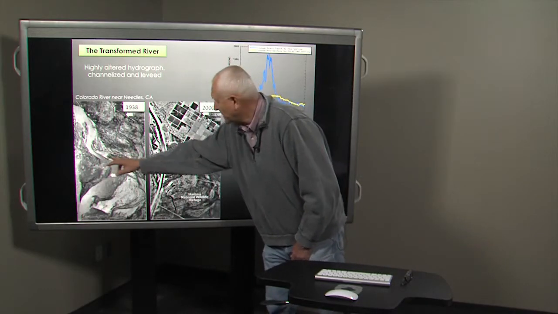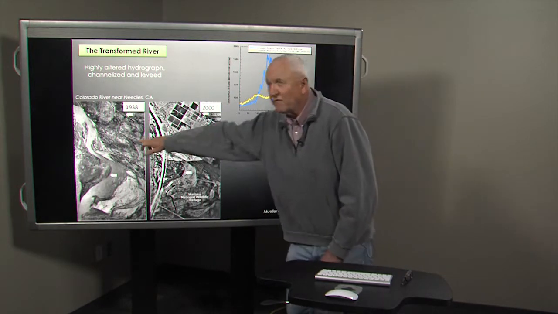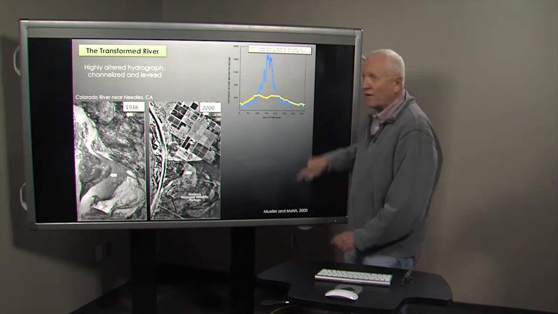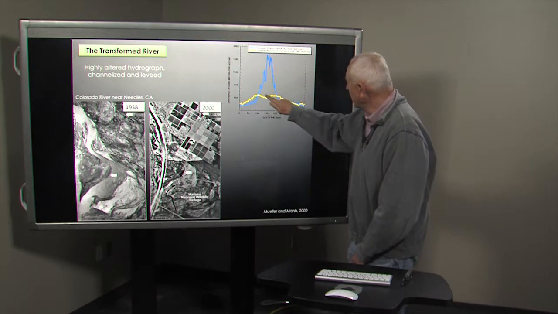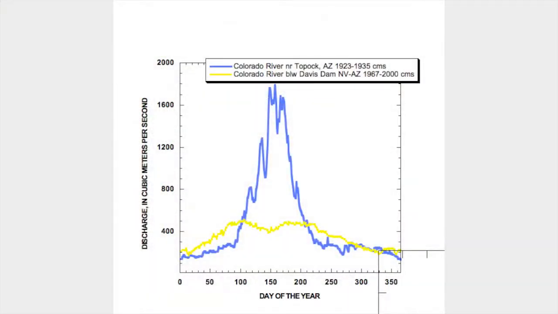Other parts of that section have been completely channelized. This is a photo match, and this is the average hydrograph of the river before Hoover Dam. Yellow is after Hoover Dam, you can see a great reduction in the flood regime.